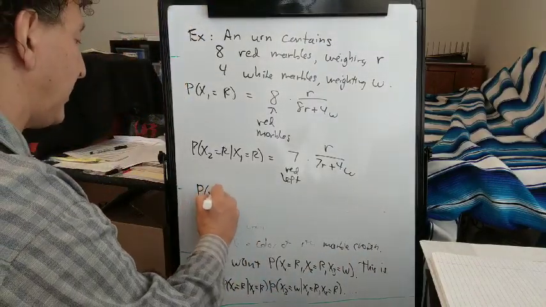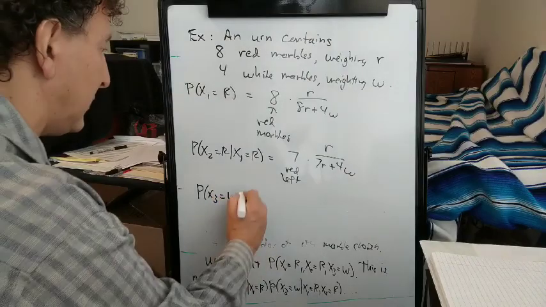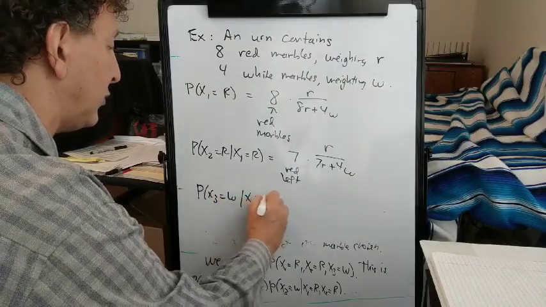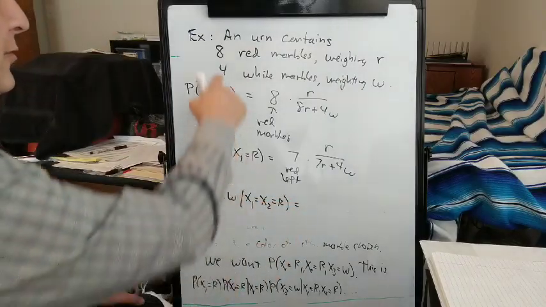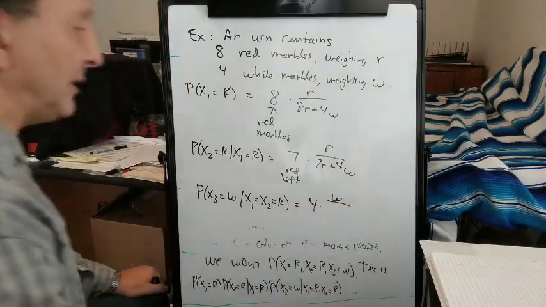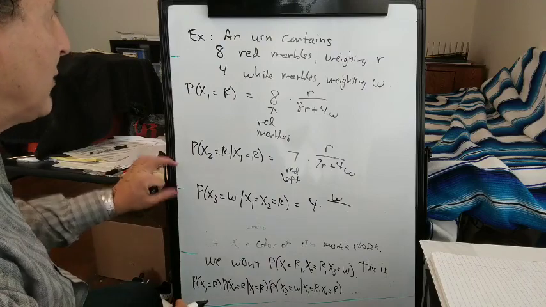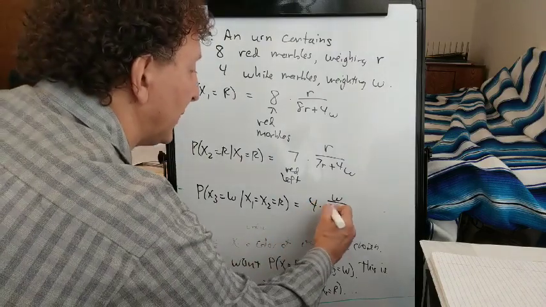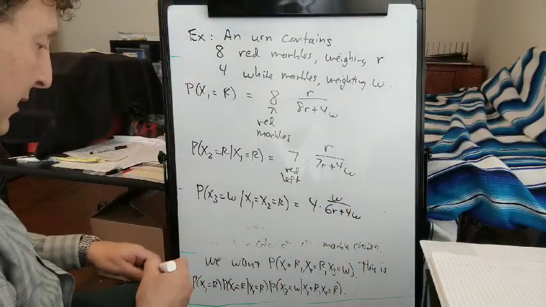And then the probability that the third marble is white, given that the first 2 are red, is there are 4 white marbles in there. Each one is chosen with probability w over, after we take out 2 red marbles, I guess we have 6 red marbles remaining and 4 white marbles remaining.